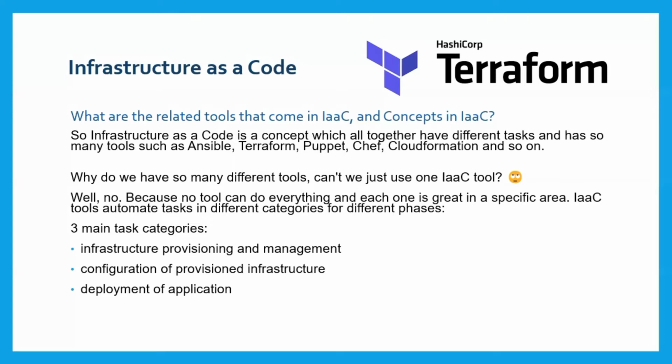Now let's understand with an example. Let's suppose we want to deploy a web application. So definitely we'll need some servers. The first phase will be provisioning some servers through one of the IaC tools. Then the next step: I want to deploy a web application based on the Django framework from Python.